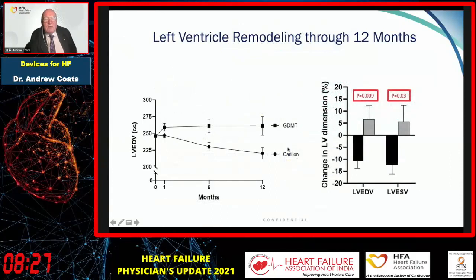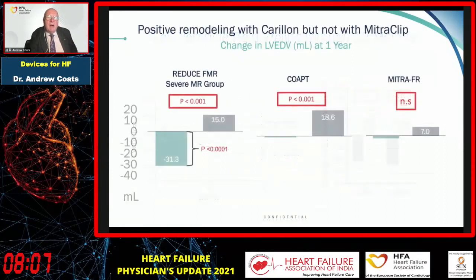And when we look at this Carillon device, which unlike the MitraClip isn't directly attaching the valve leaflets, but is acting on the mitral annulus, you see that you do get a progressive reduction in diastolic volume, as shown there, and it was highly significant in the only randomized double-blind trial of MR reduction.